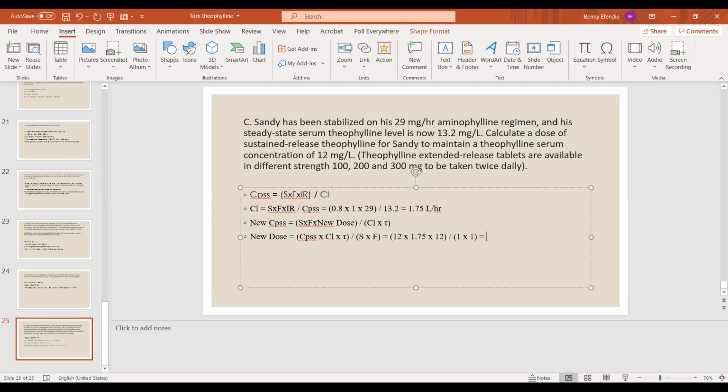So can you help me? 252 milligram, BD. So can we put 250 milligram BD?